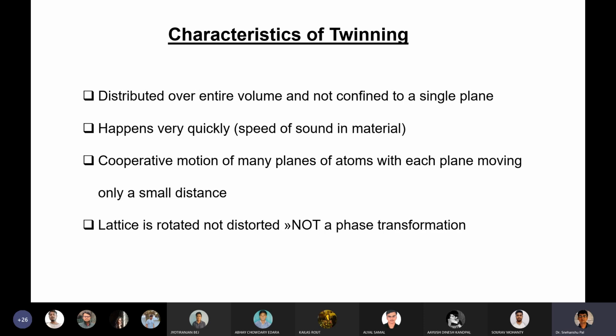And it is a cooperative motion of many planes of atoms, with each plane moving only a small distance; then only are you going to see twinning deformation or deformation twinning.